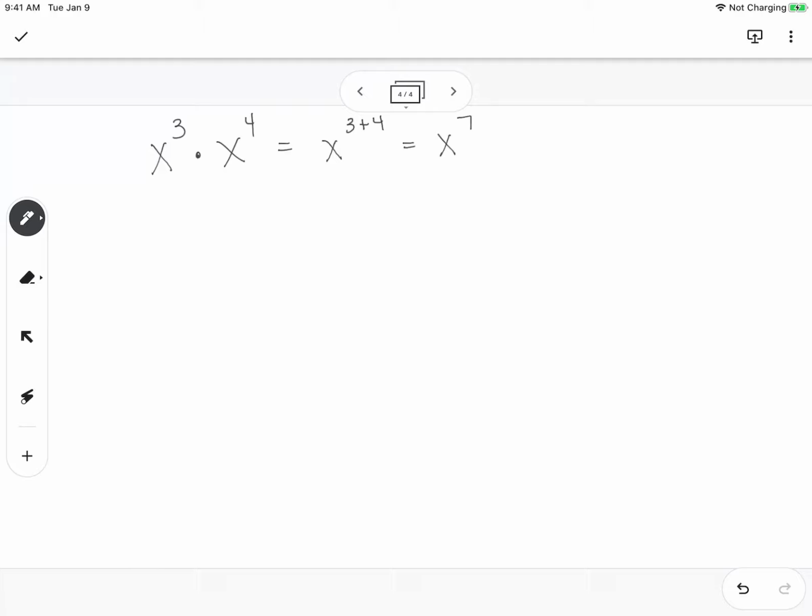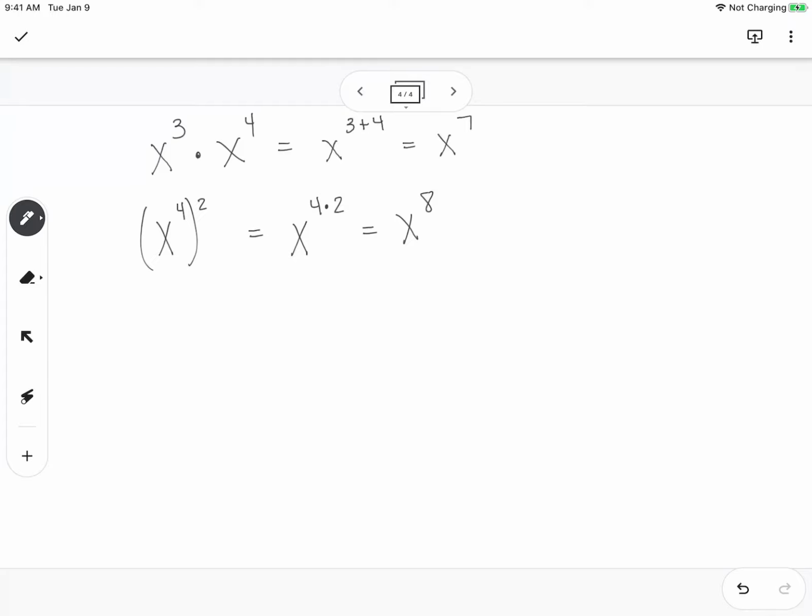So if you have rational exponents, you would just have to add your fractions. If I have x to the 4th power raised to the 2nd, you multiply your exponents. So that would be x to the 8th. So we have the rules that you should have learned from Math 1.